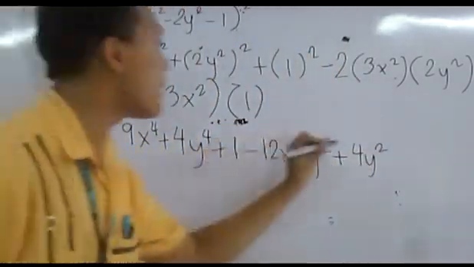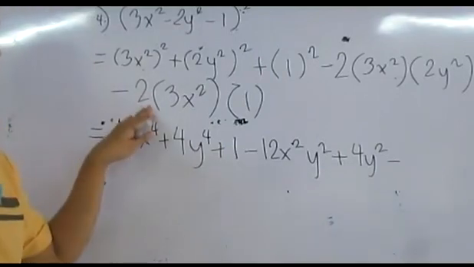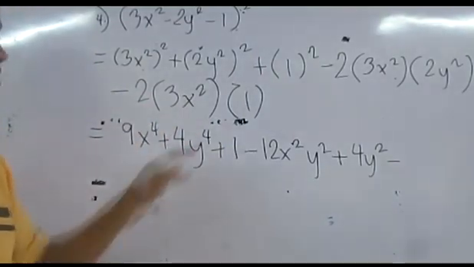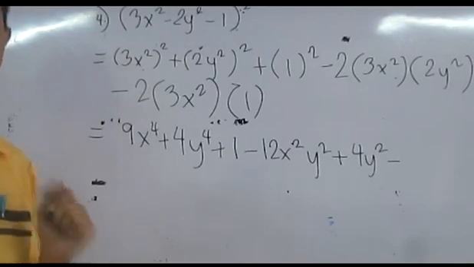And lastly, minus 2 times 3x squared times 1 is equal to 6x squared.